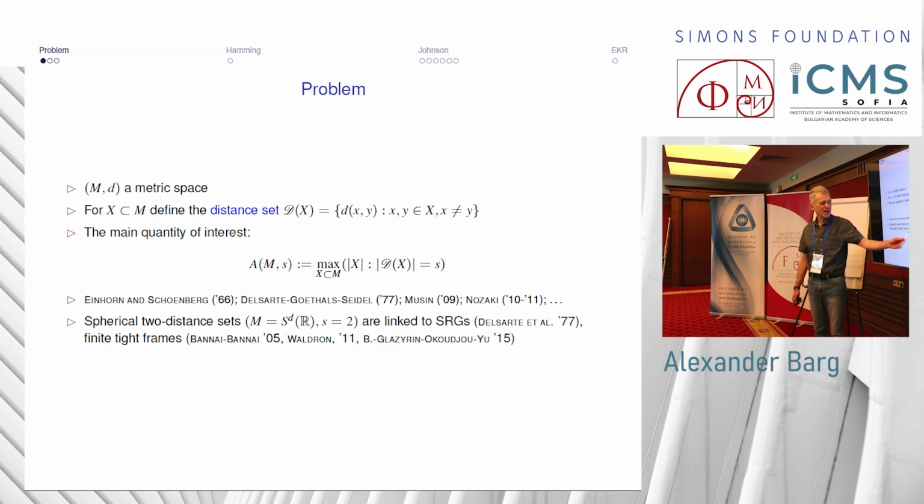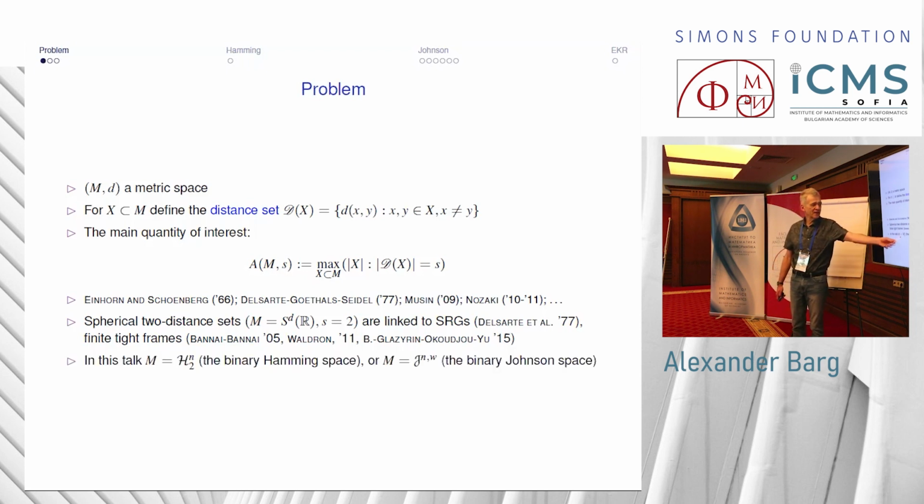There was a paper that made clear spherical embeddings of strongly regular graphs due to Belsard-Kotel-Seidel, but Banai explained all the details. Sean Waldron from the signal processing side worked on equiangular tight frames and SRGs, and he has a whole book on that, published recently.